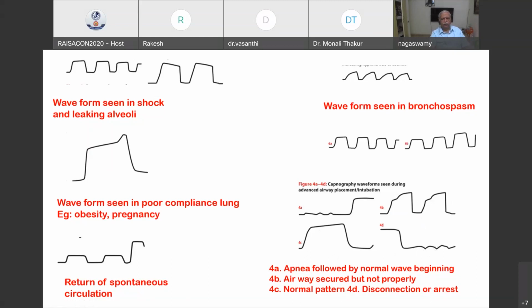What is this? Where the waveform is normal here, becomes slightly reduced, still getting reduced here, whereas here it starts small and then becomes bigger and bigger. What is this condition?